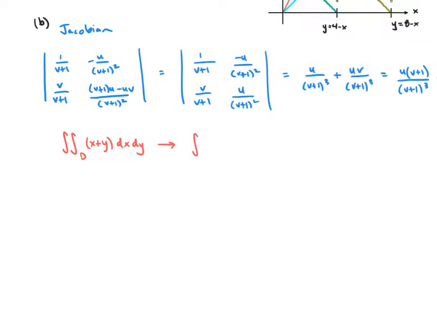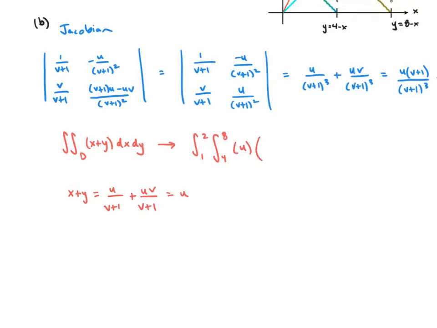What I'm going to do is use dv on the outside and du on the inside. And then we have x plus y, and I'm going to just do this off to the side. So remember, x plus y was u divided by v plus 1 plus uv divided by v plus 1, and we simplify that down to u. So the integrand is u.